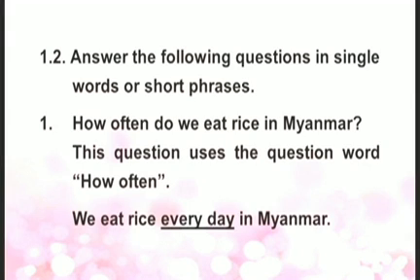Let's try question number 1. The question is, how often do we eat rice in Myanmar? Notice that the question word used here is how often, and so you have to find an adverb of frequency. For this question, you will find the answer in the first paragraph. The complete answer is, we eat rice every day in Myanmar.